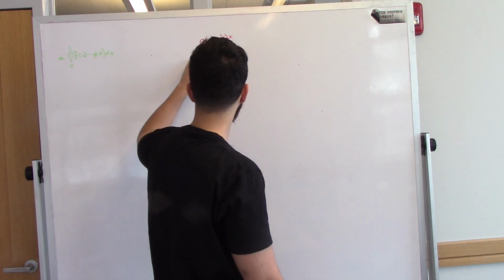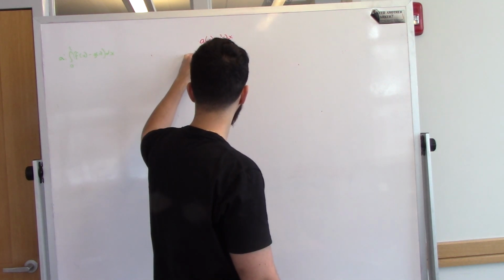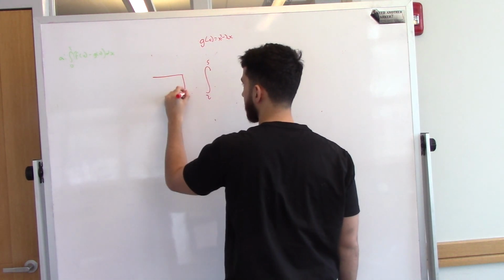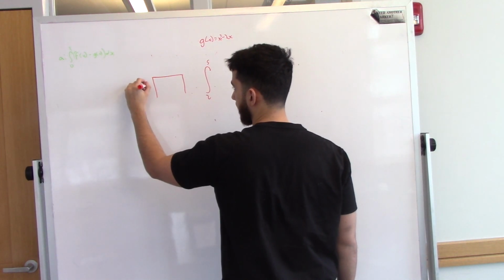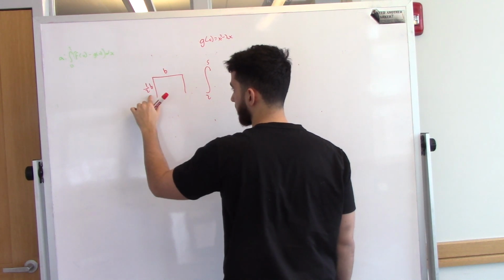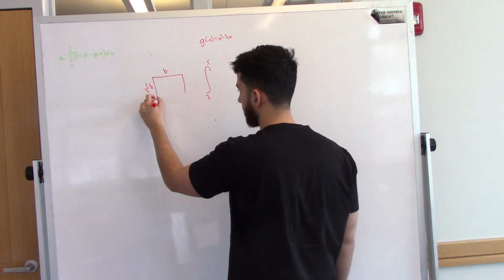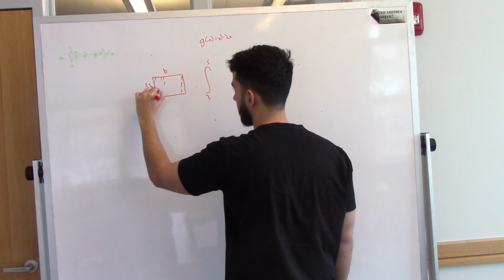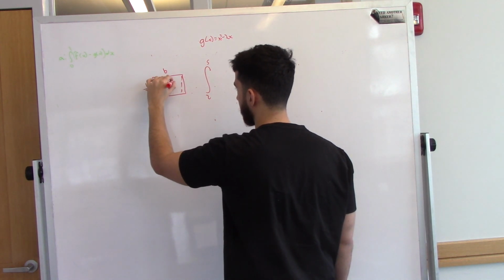Well, we know we're going to need an integral. It's from 2 to 5. And we said, well, it's a rectangle, right? And the base, or sorry, the height is half the base, right? Which means that the whole thing is half the base squared.